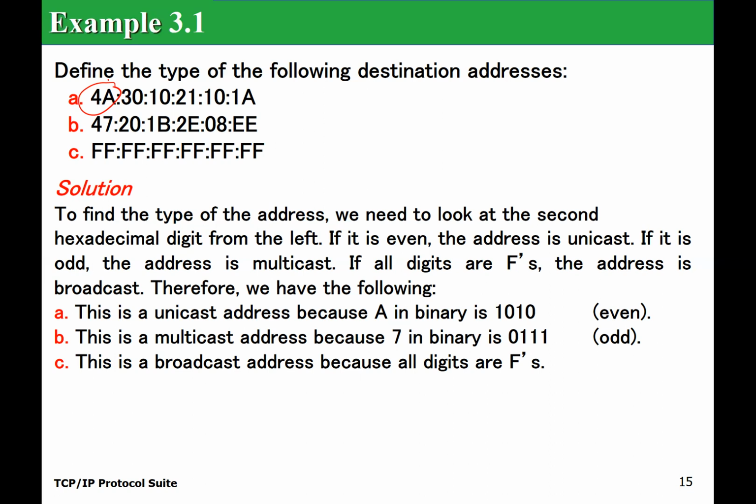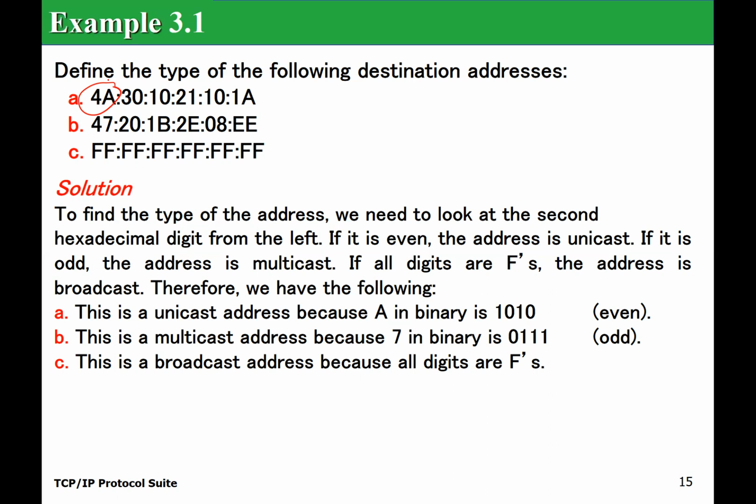The second example is 47. If you have 47, what's the answer? It's multicast. Why? Because it's 0, 1, 1, 1, so the last bit is 1. Now, what about if you have a MAC address that looks like this? What do we call that? Broadcast, right?